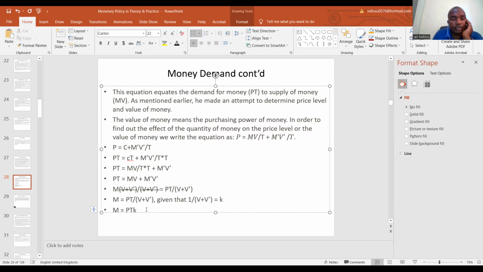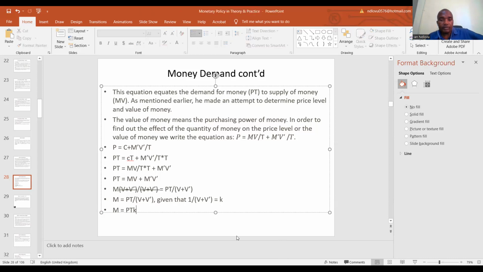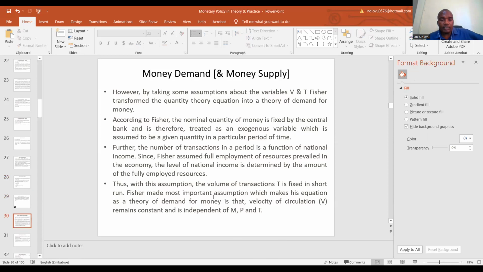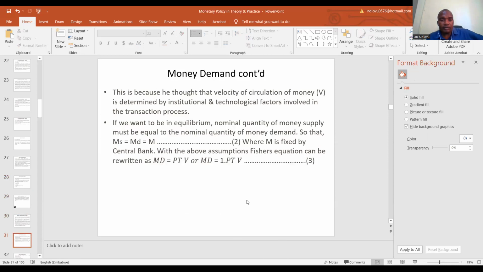We know K and T are constants. So it means our money demand is influenced by changes in the general price level. Our money demand will be influenced by changes in the general price level, all other things being constant.